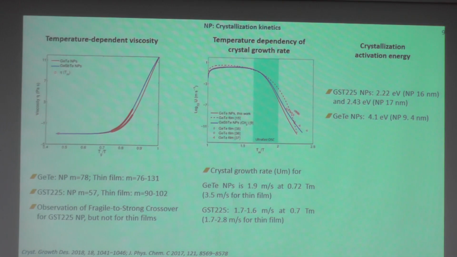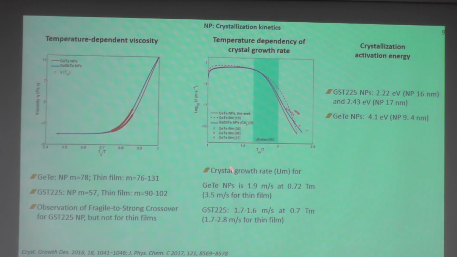The germanium telluride shows this m value of like 78, and thin film is also in this range. For GST it was measured a little bit lower for nanoparticles, for thin film a little bit larger. So here they found that there is a strong fragile to strong crossover for GST nanoparticles, but not for thin films.